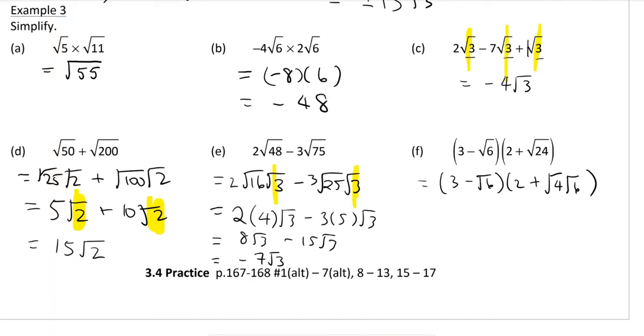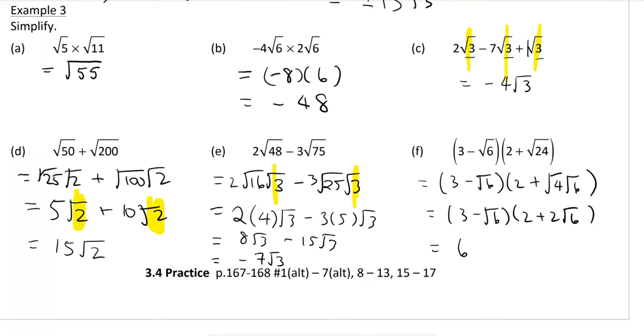Okay, and from this point, we know that the square root of 4 is 2. So I am going to rewrite that like this, and now I am going to FOIL it. The first term, 3 times 2, gives me 6.